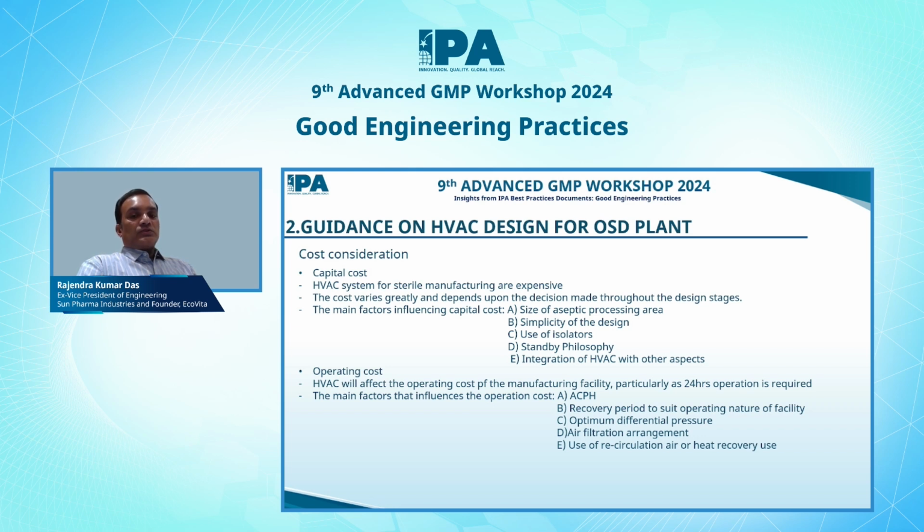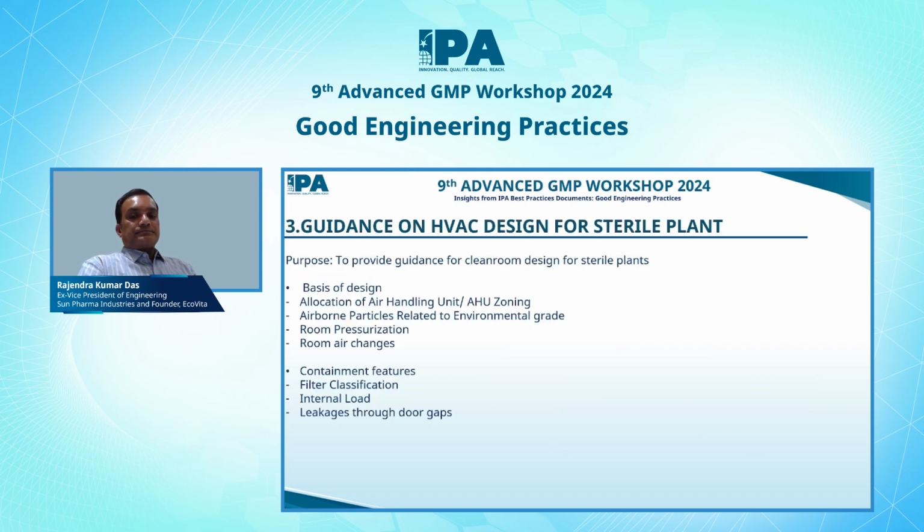As we all know, the second highest operational expense for a typical pharma plant comes from the utilities, and HVAC is 60% of the utility of a typical formulation plant. Looking at that, it becomes very crucial how we design our HVAC and how we operate and maintain it. So those parts are also addressed in this document in detail. Next.